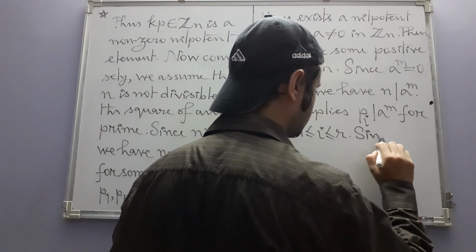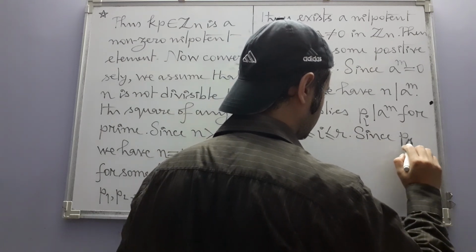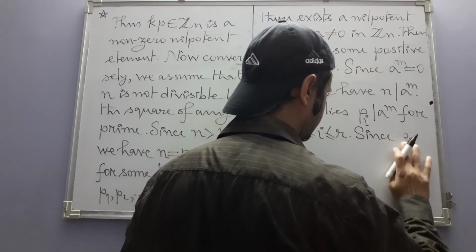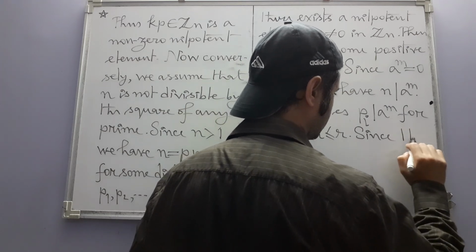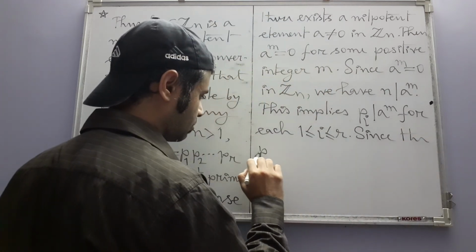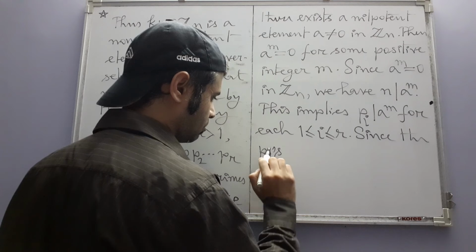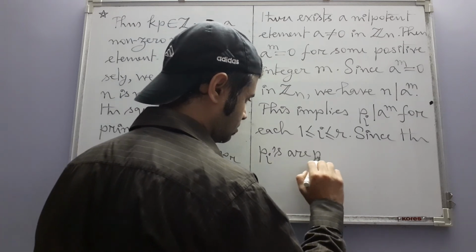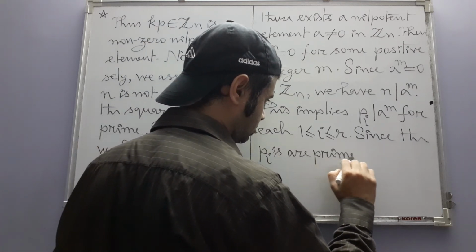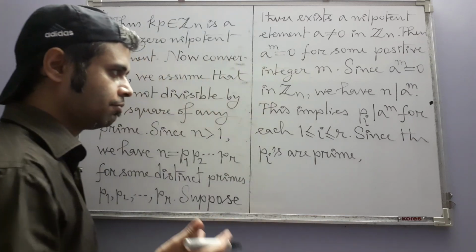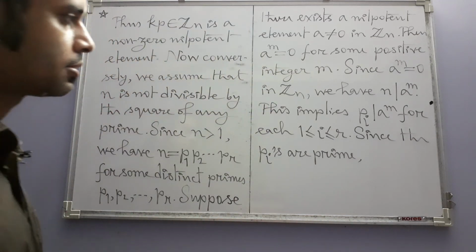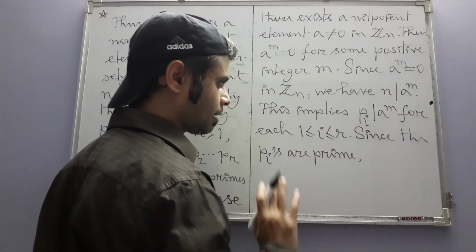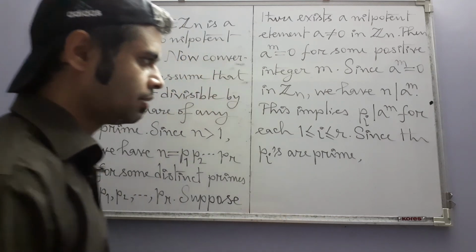So we know from a well-known property of primes that if this happens, then pi has to divide a.